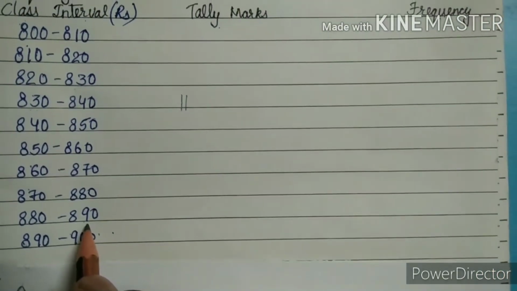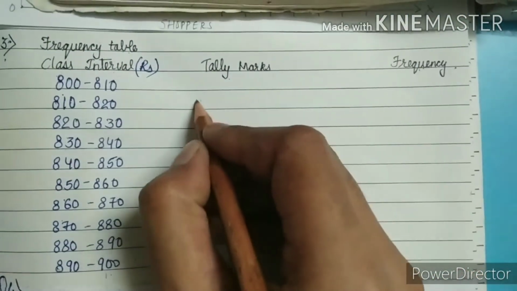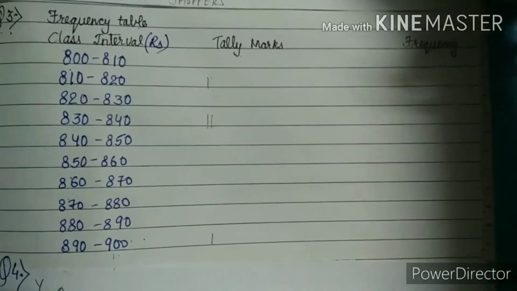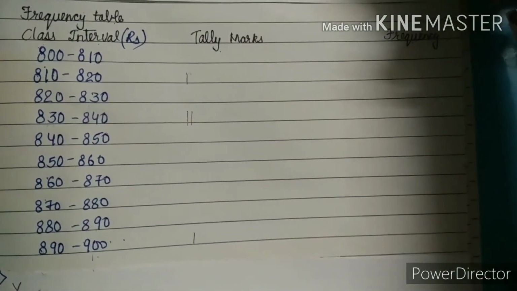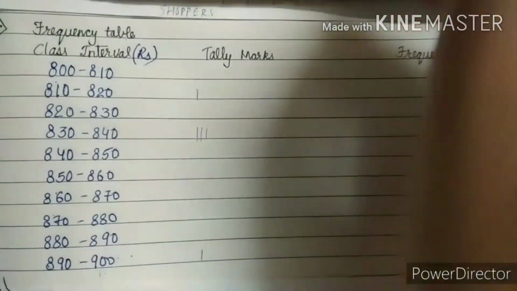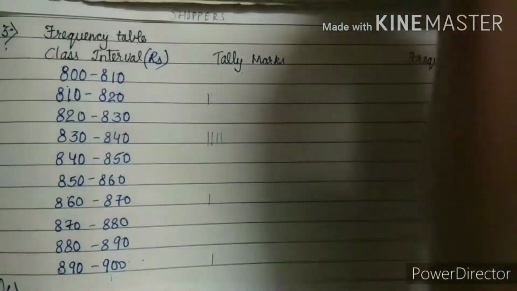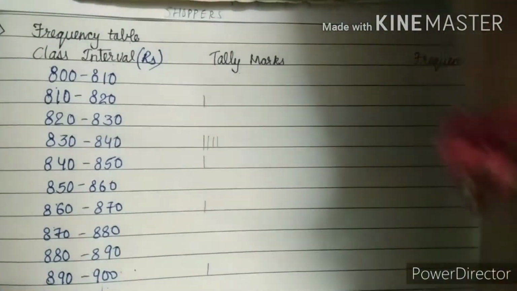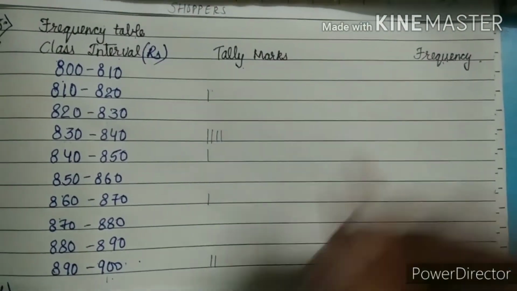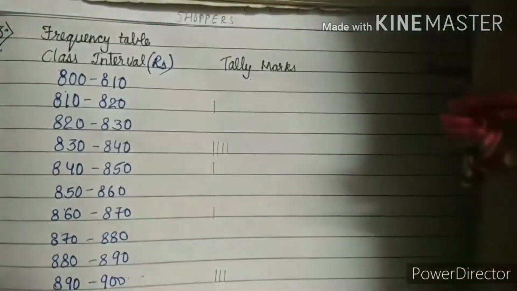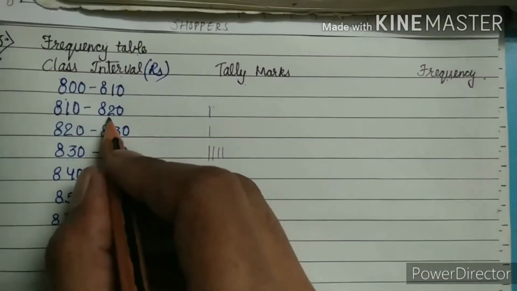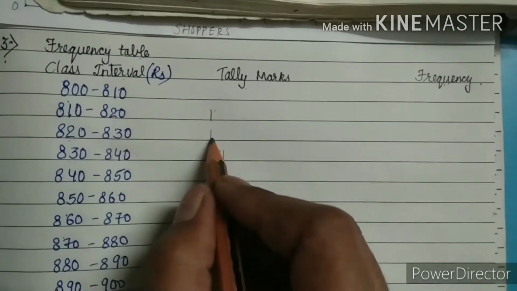So here is the second tally mark. 890, same as before, will not come in the upper limit, it will come in the lower limit. So the tally is here for 890. Okay, we have taken both of these. 810 will come in the lower limit one. Then the next, I am reading from the book, you just see where we have to put. Fifth is 835, so 835 will come here. 836 is also coming here. 869 will come here. 845 will come here. 898 will come here. 890, okay. 820 will come here, because 820 is the upper limit there, but here it is the lower limit, that's why 820 will come here.